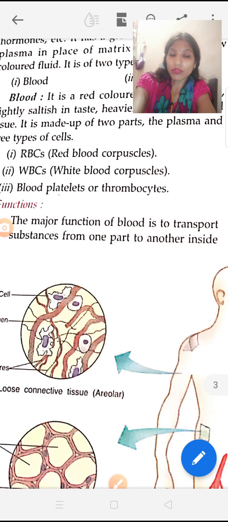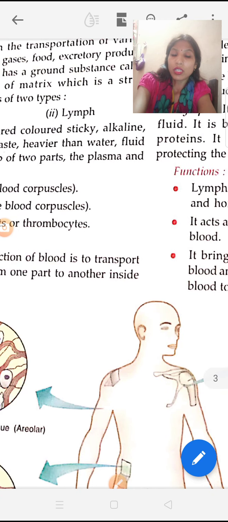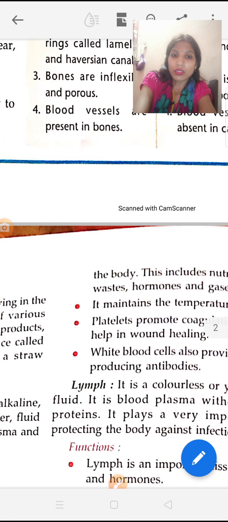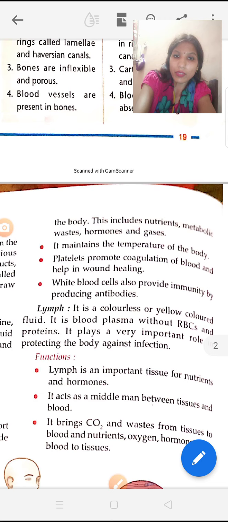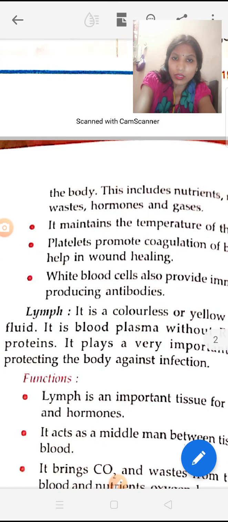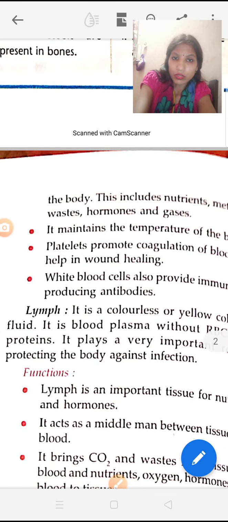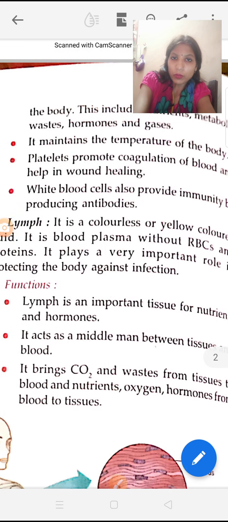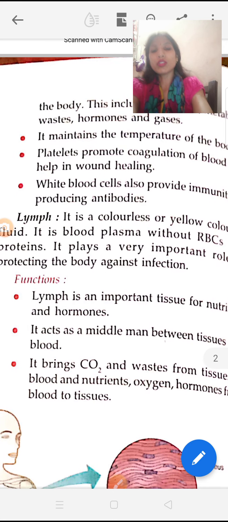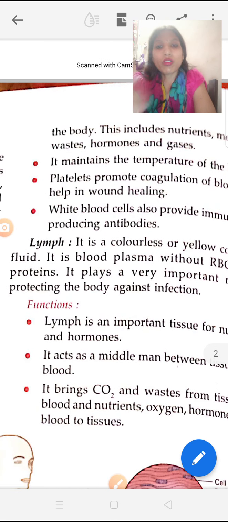The major function of the blood is to transport substances from one part to another, and it maintains the temperature of the body as well, right? The platelets promote clotting. Then there are three or four points that you can study, and if any point is not clear to you, then you can WhatsApp me or comment, or you can ask me anytime.